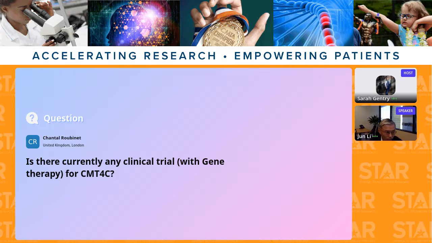As for a current clinical trial with gene therapy for 4C, I am not sure, none that I know of at this point, but I could miss something. To the best of my knowledge, I have not seen a current ongoing CMT4C trial.